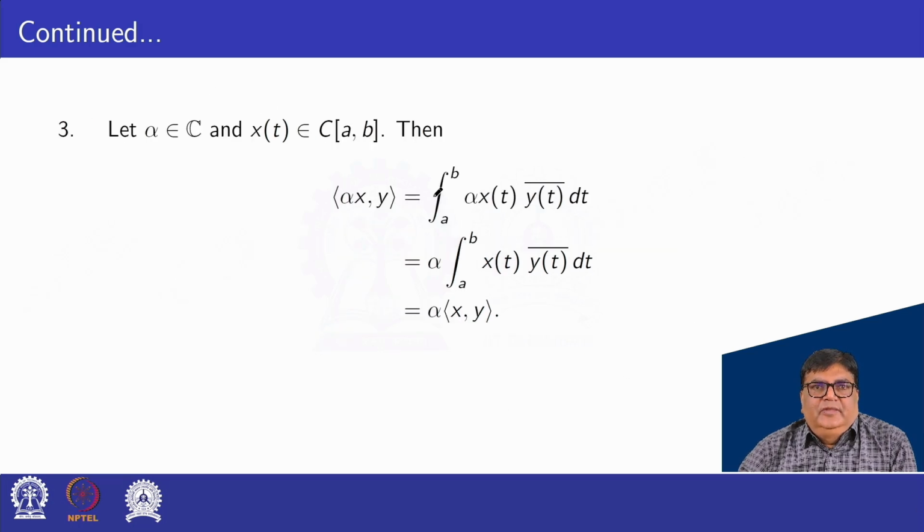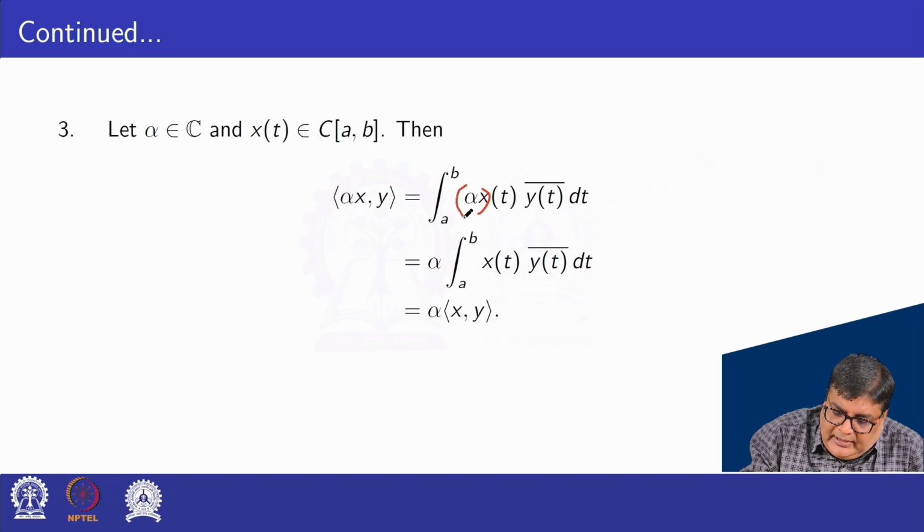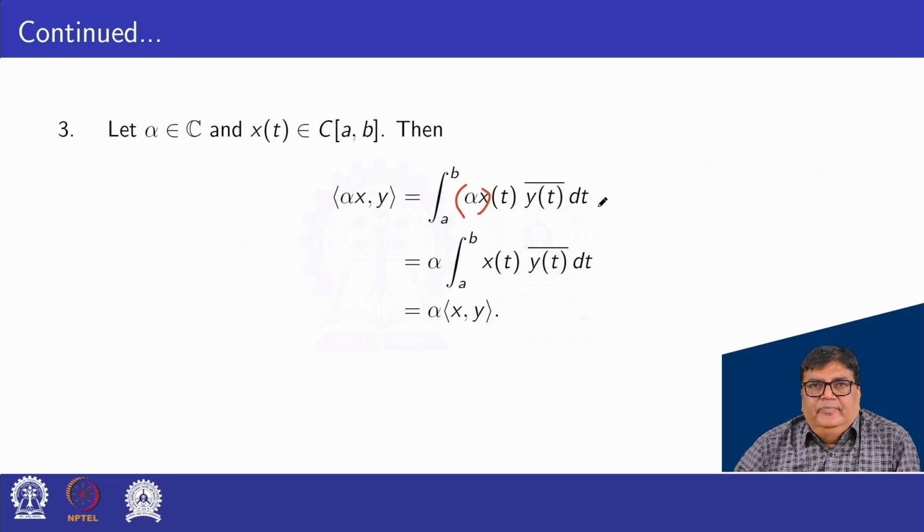Third, let alpha be a scalar, that is a complex number, and x(t) belonging to C[a,b]. Then inner product of alpha x, y equals the integral from a to b of alpha x(t) y(t) bar dt.